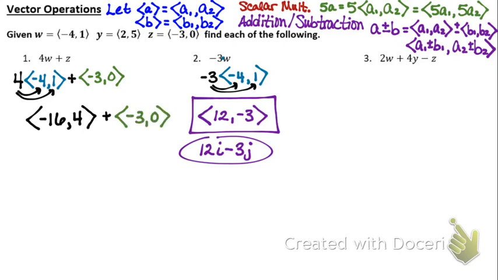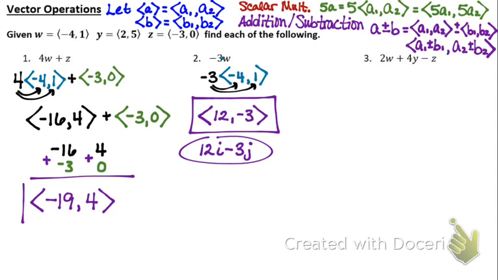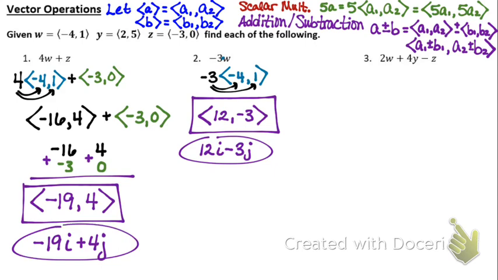And now I just want to line up my x's and my y's, and I'm going to combine them together. So what would my resultant vector look like? -19, 4. What would that be in ij form? -19i plus 4j. I want you guys to do number 3.